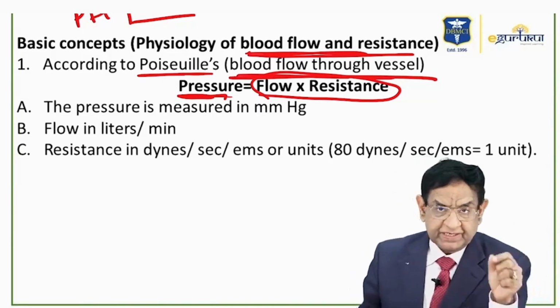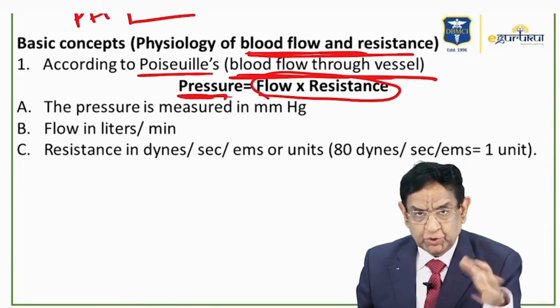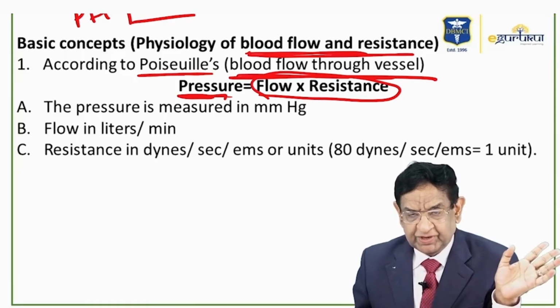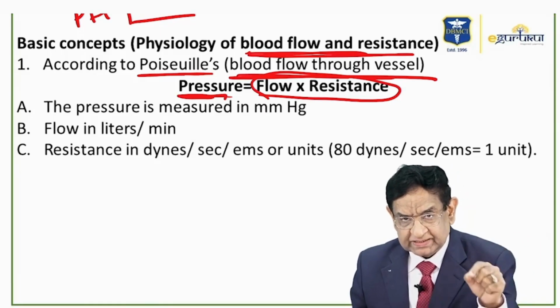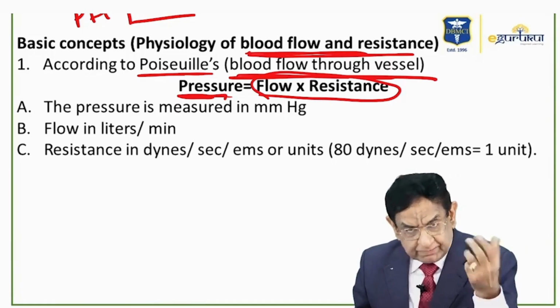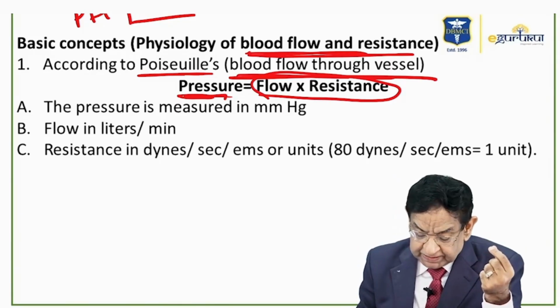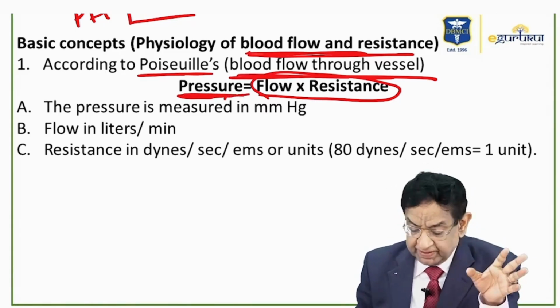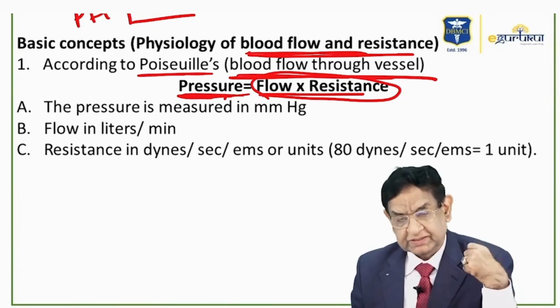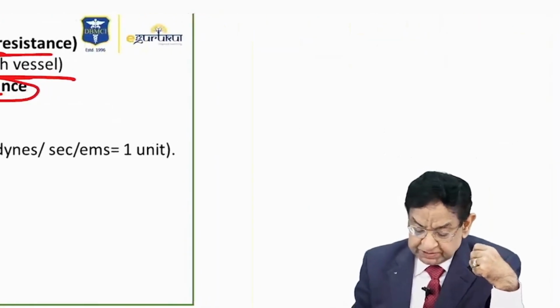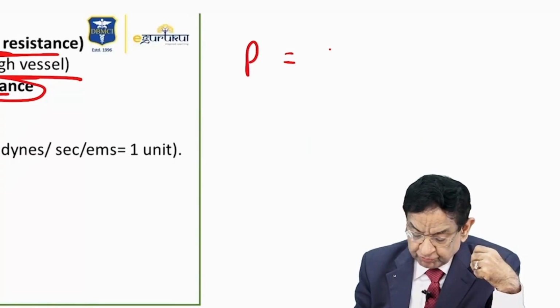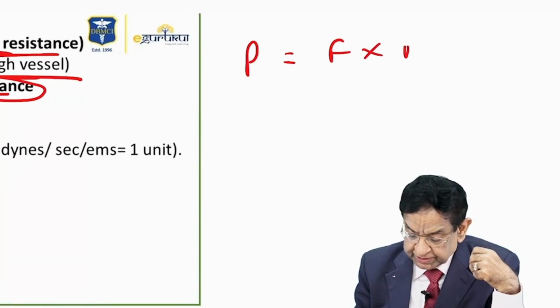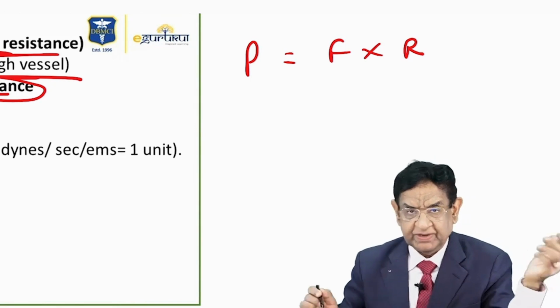In physics, they talk about flow in tubes, etc. We are not concerned with that. We are concerned with blood flow. So blood pressure in any circulation will be flow into resistance. Pressure equal to flow into resistance in any blood vessel.